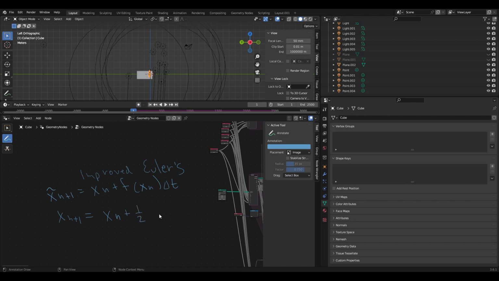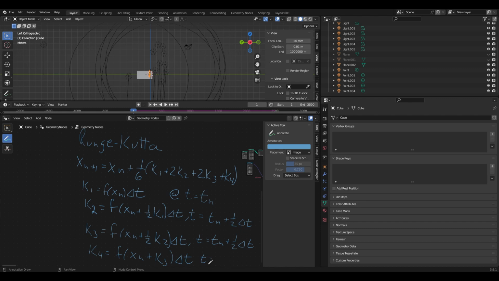So the improved Euler's does an intermediate calculation here where it comes up with an estimate similar to the Euler's method, and then uses that in the next iteration of the solution. So it's taking an average of the function at x of n and the function at this x tilde n plus 1, and it does a little better job there.